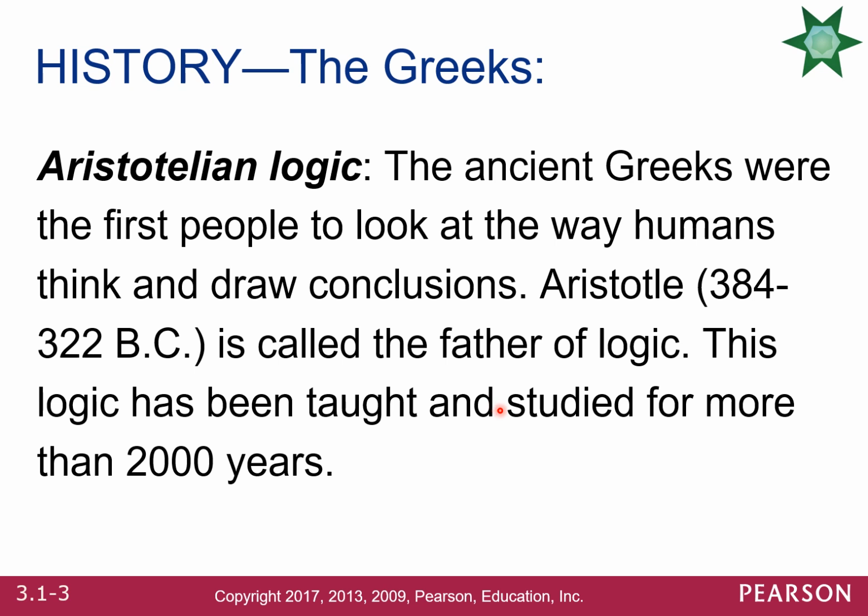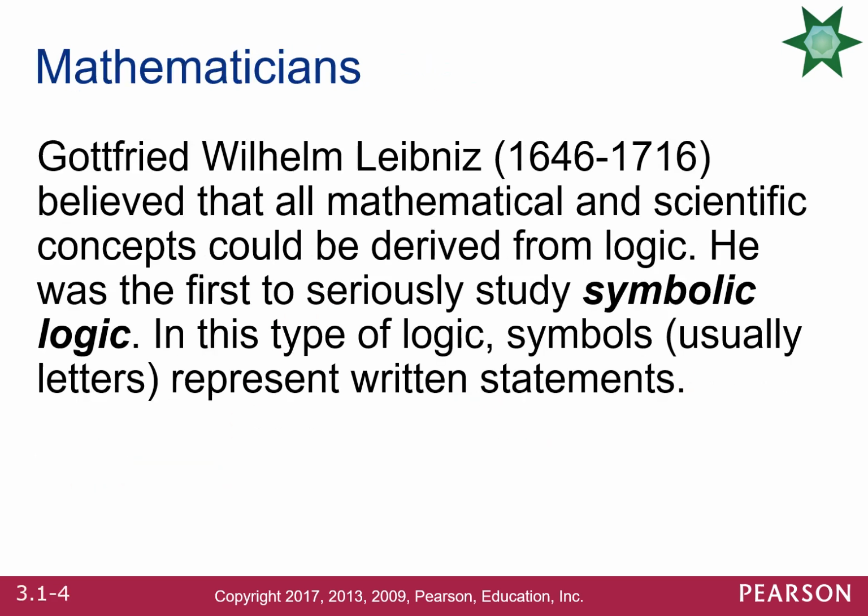So he came up with a system of reasoning with which he would argue, debate, and come to conclusions and convince people of certain ideas, certain thoughts, and so on. And this logic has been taught and studied for more than 2000 years.